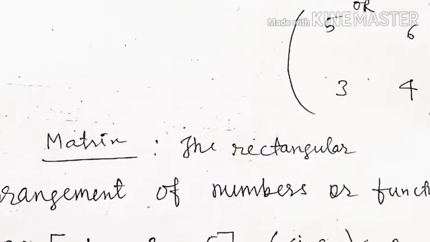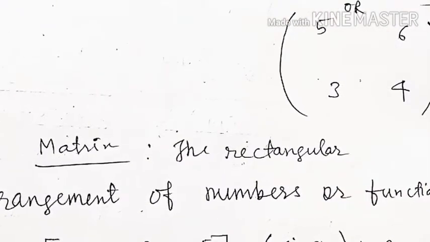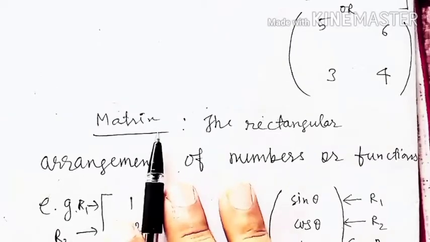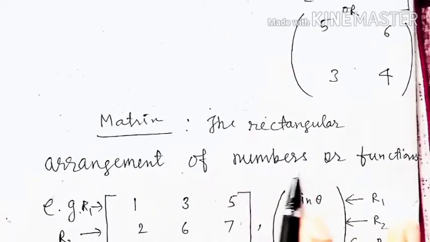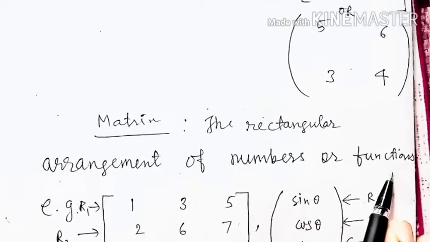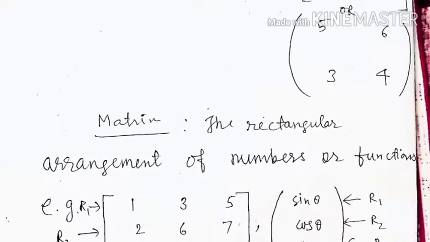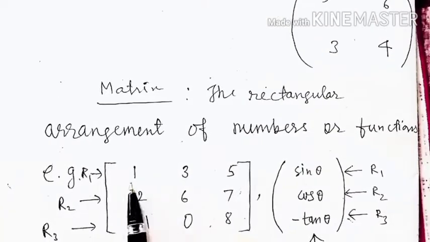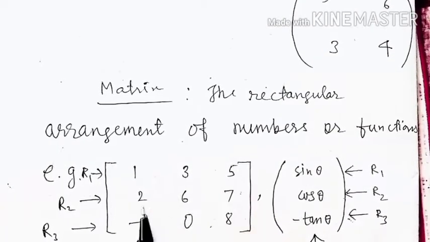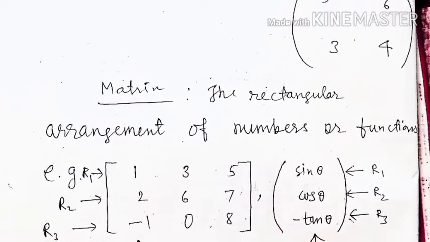So matrix is the rectangular arrangement of numbers or functions. For example, 1 3 5, 2 6 7, minus 1 0 8 enclosed within a big bracket.